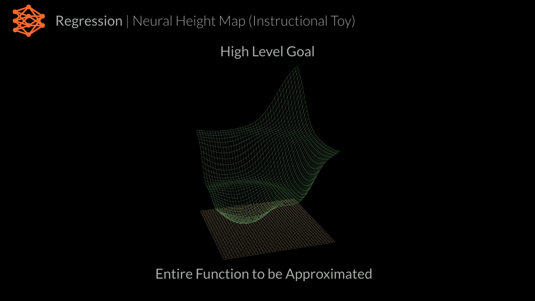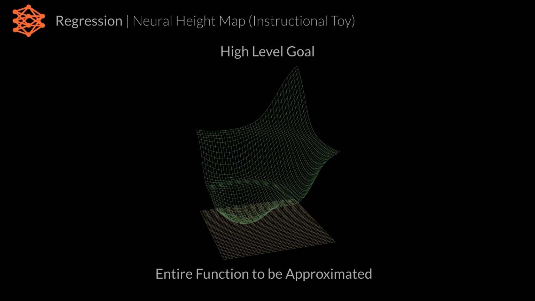So in order to better be able to discuss regression, we can look at a toy example, namely a neural height map. It's not always going to be a neural height map throughout this talk, but okay, it's a height map. So it's a function from points in a plane to a height value. This is a nice example to look at because we know the entire function. We can visualize the entire function. In the applications we're going to talk about, this is not going to be possible at all because it's just not visualizable. How do you visualize a function that goes from volumes to volumes?